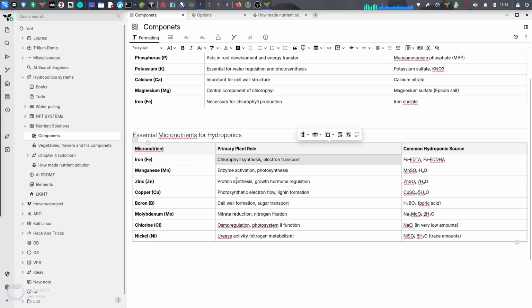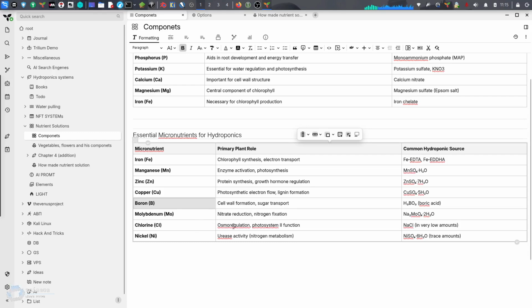Zinc, protein synthesis, growth hormone regulation. Primary plant role. Copper, photosynthesis, electron flow, lignin formation. Boron, cell wall formation, sugar transport. Molybdenum, nitrate reduction, nitrogen fixation.